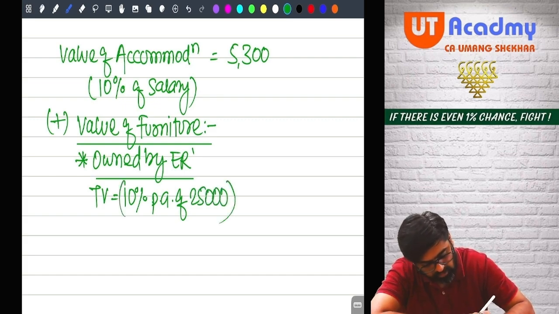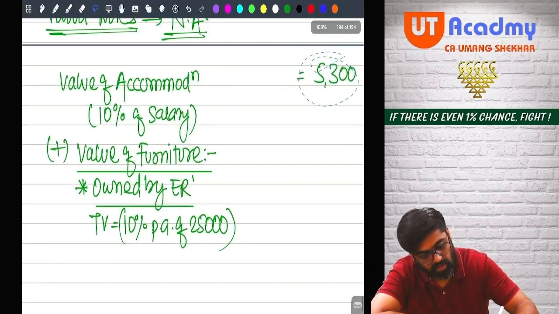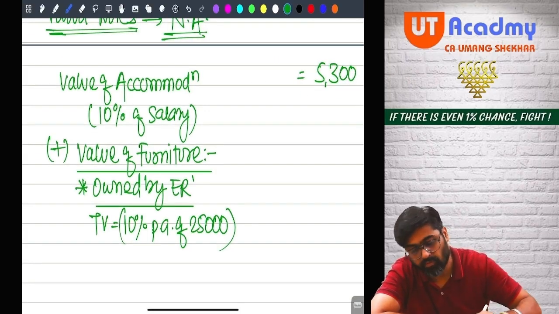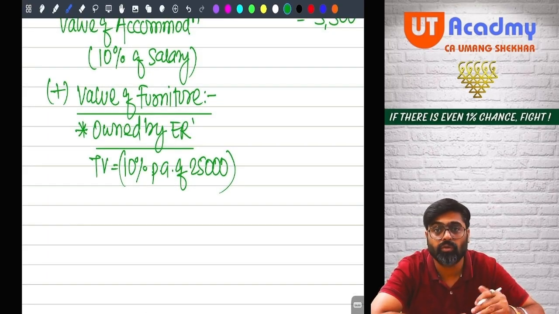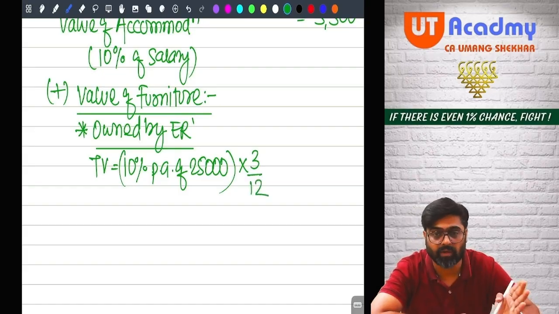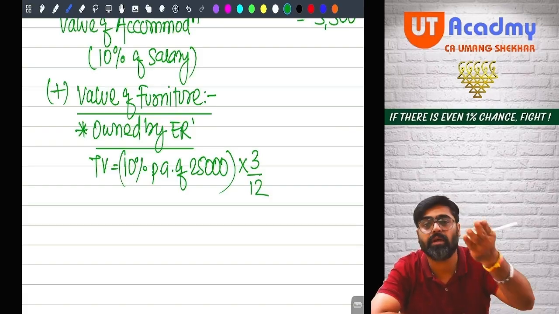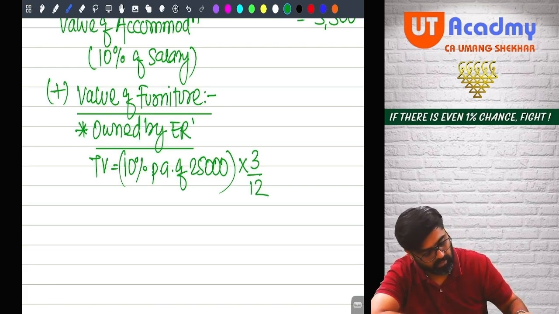But if you calculate this, this will be the full year's value. Are you supposed to tax the full year's value, or only the value for those many months for which you are actually using the TV? Actually using, no? So you are using the TV from 1st of January. So this value will be into 3 upon 12 because this value is for the entire year. Divide by 12, multiplied by 3, those 3 months for which the TV was given. So this value is 10% into 3 divided by 12, which will be 625, no?